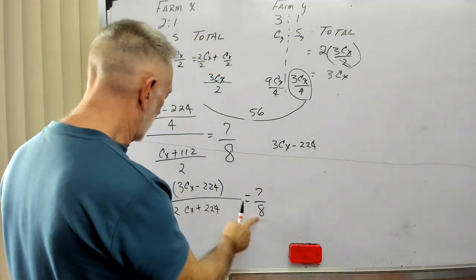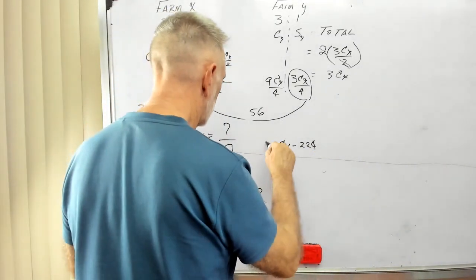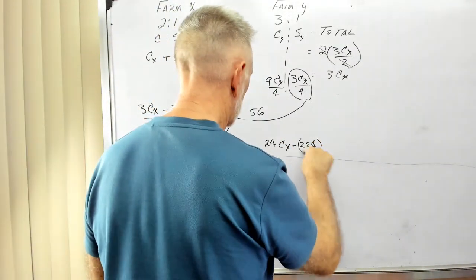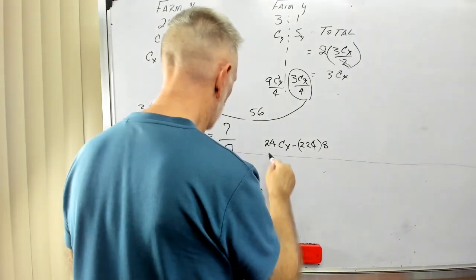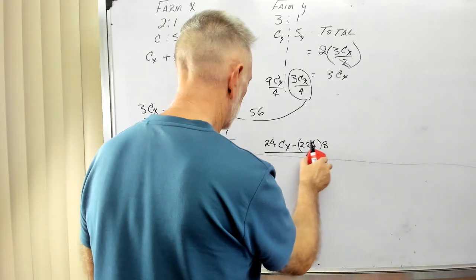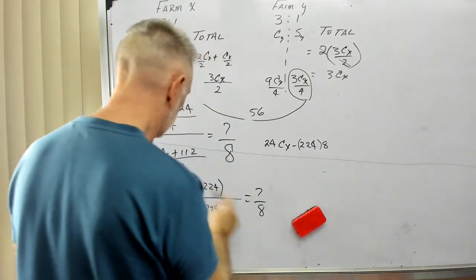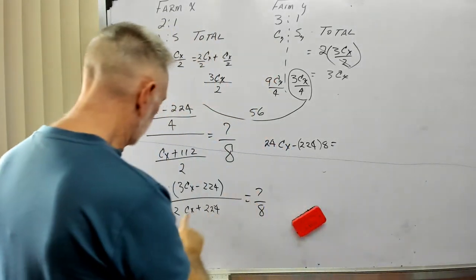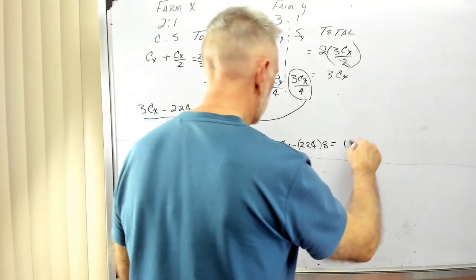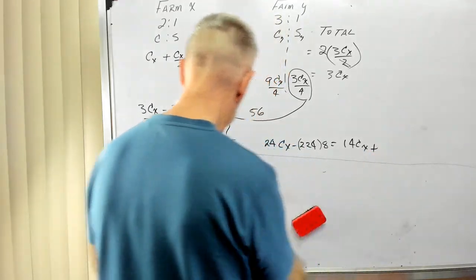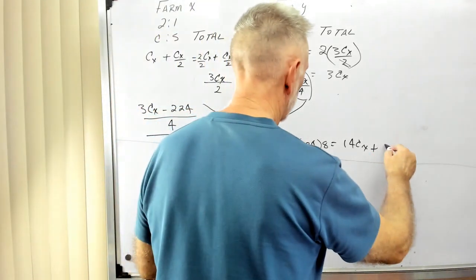Let me just do that. 8 times 3 is 24, c sub x. 8 times 224, we'll just leave that as 8 times 224, equals 8 times this. Now 7 times that, it equals 7 times 2, so I have 14 cows on x plus 7 times 224.